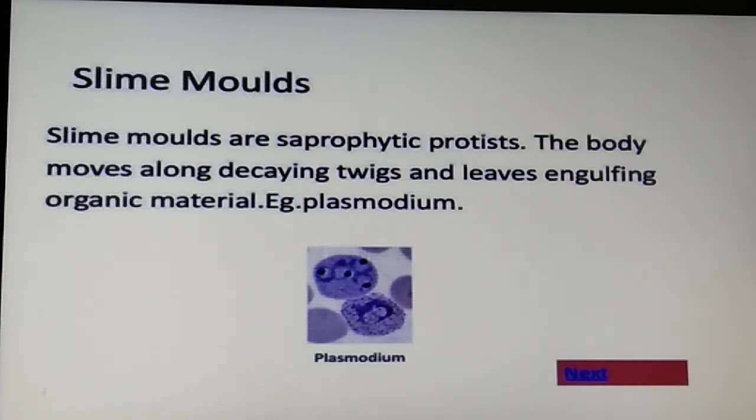During unfavorable conditions, the plasmodium differentiates and forms fruiting bodies bearing spores at their tips. Now the spores possess true walls and they are extremely resistant and survive for many years even under adverse conditions. And the spores that are formed are dispersed by air currents. So you can see here.